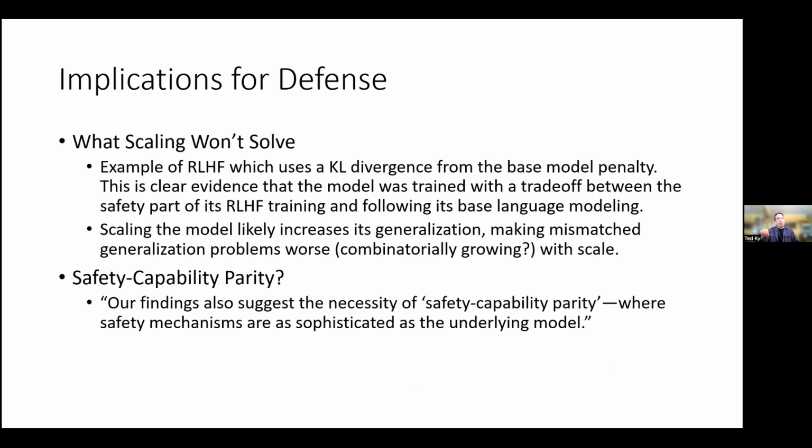This is because it can get into mode collapse type issues. But if you think about it mathematically, what that KL divergence means is you can't change your word predictions that much from before it was safety trained.